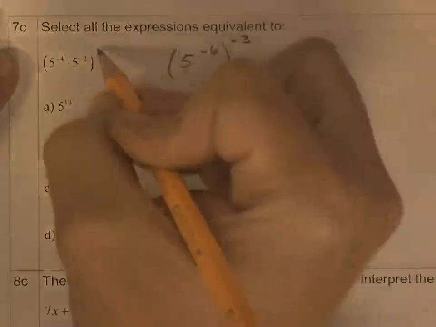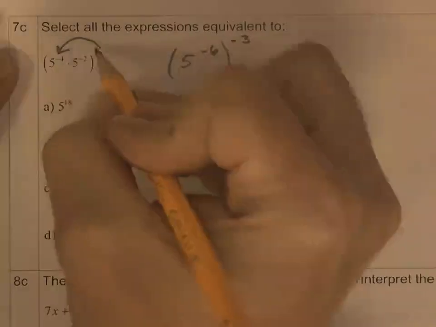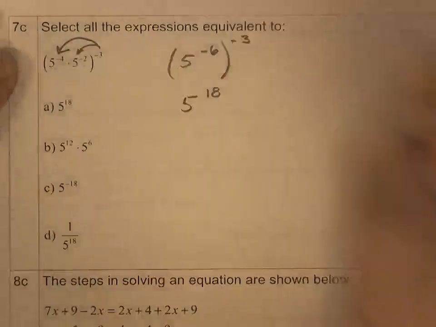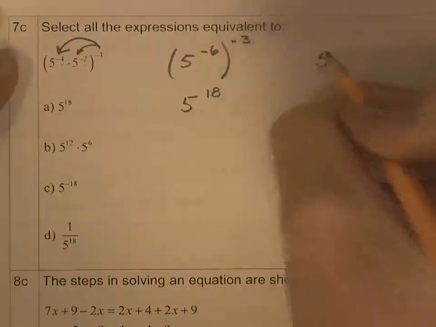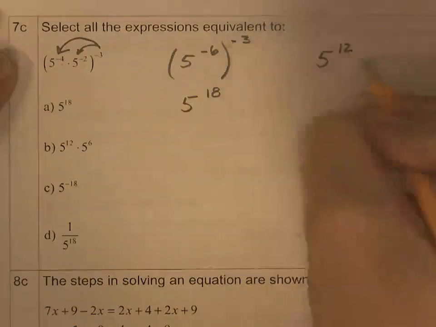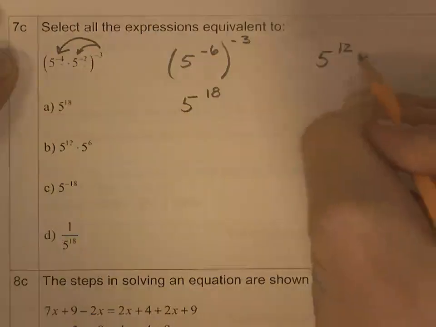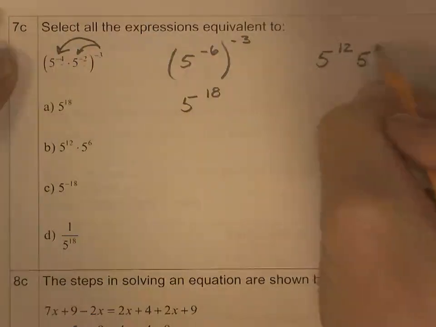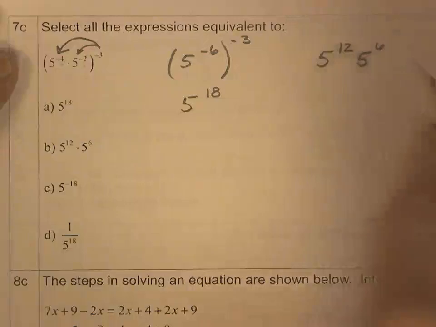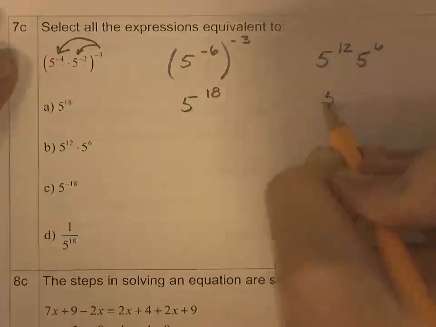The other way to think of it is with a thing that looks like distribution. It's not distribution, but it looks like distribution. That would be 5 to the 12th, 5 to the 6th, base add, that gives me 5 to the 18th again.